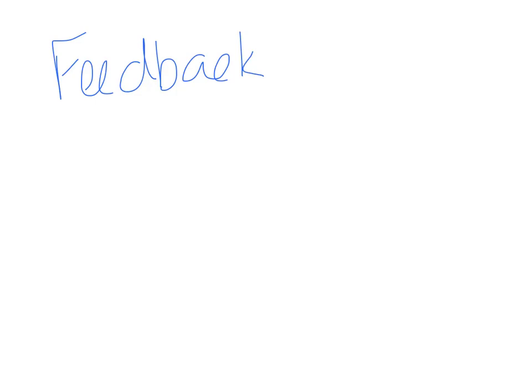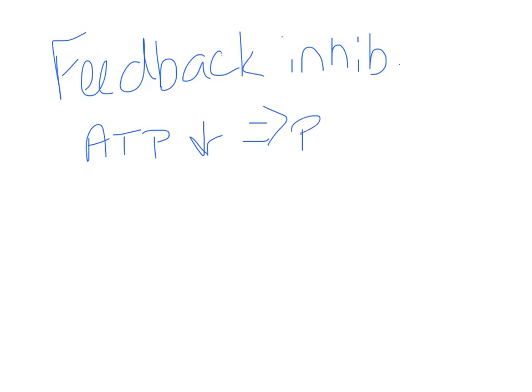Okay, so regulation for respiration is usually done on a feedback loop system. It's a form of feedback inhibition, where basically if my ATP levels drop, then my respiration rate will increase.